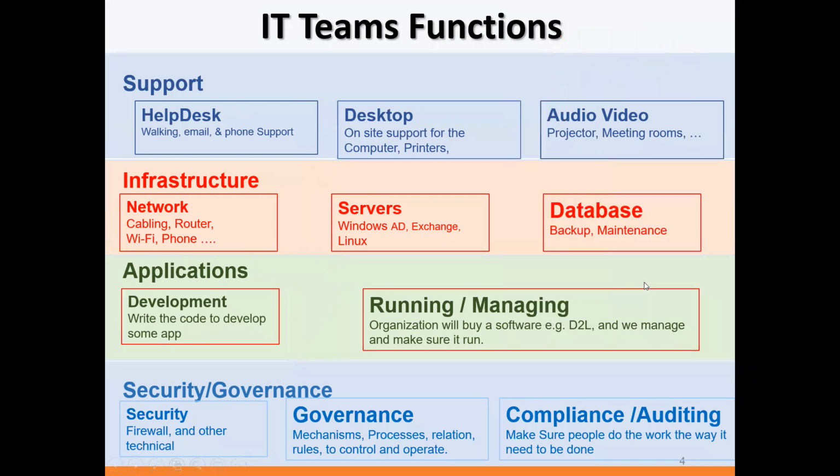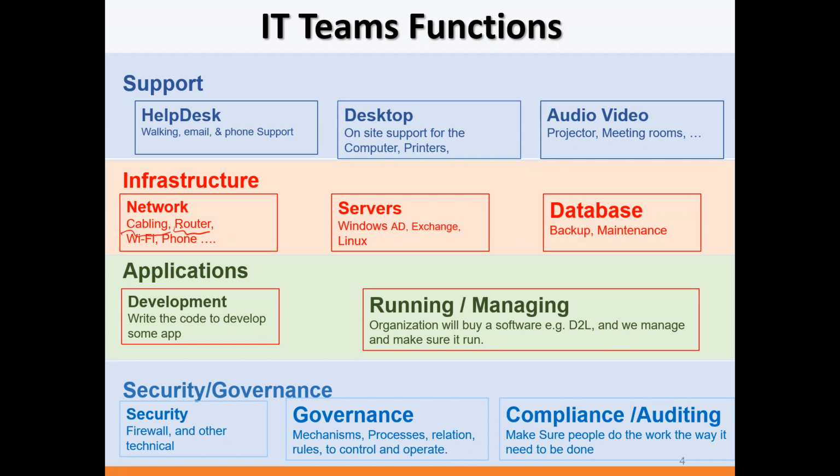Okay? Now, what is the job of the network team? The network team has to deal with the routers. They are the ones responsible for the Wi-Fi in the organization. If you go to any hotel, there is Wi-Fi for the hotel. If you go to any hospital, there is Wi-Fi in the hospital. The network team is also responsible for the cabling.